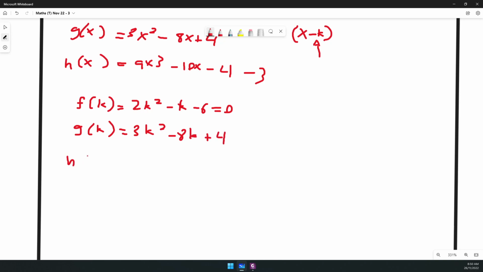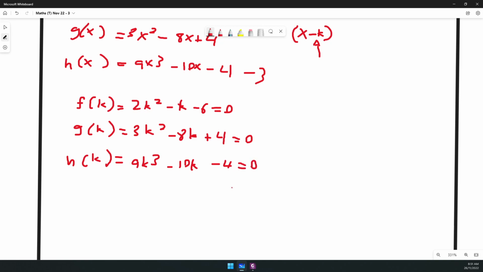Then finally, h(k) equals ak cubed minus 10k minus 4 equals 0.